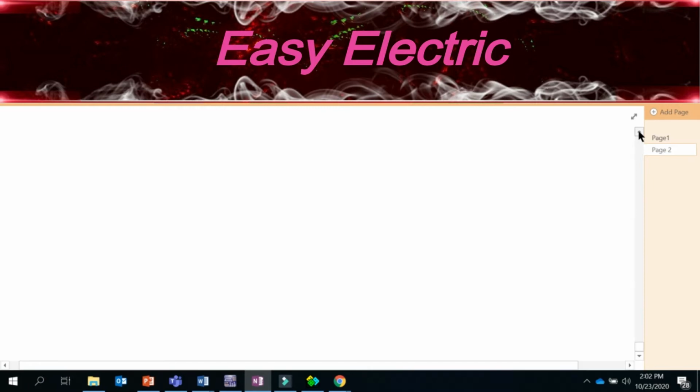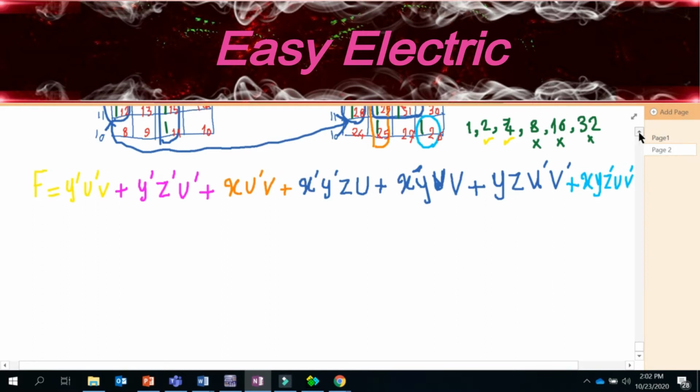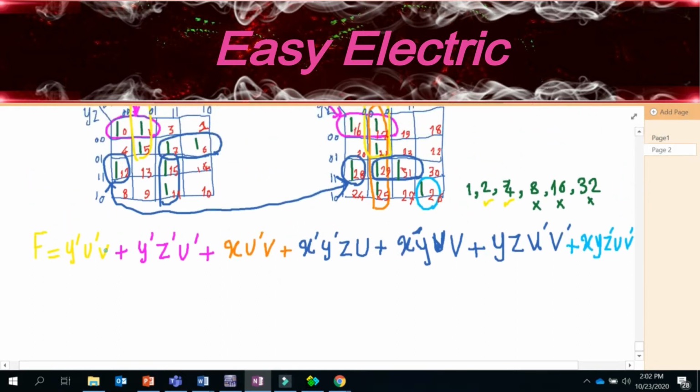If you check the old examples that we had, this is the last example. We use the K-map, and what we end up with, the simplest form, is in the form of a sum of products. You have some products, and the sum of them is your simplest form.